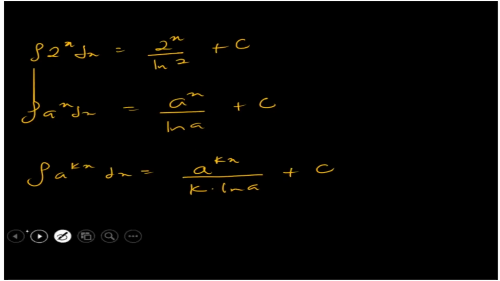So if I'm supposed to integrate, for example, 2 to the power of 3x, you don't need to manipulate this. Just say this is equal to 2 to the power of 3x divided by 3 times ln 2 plus c. That is how to integrate this.